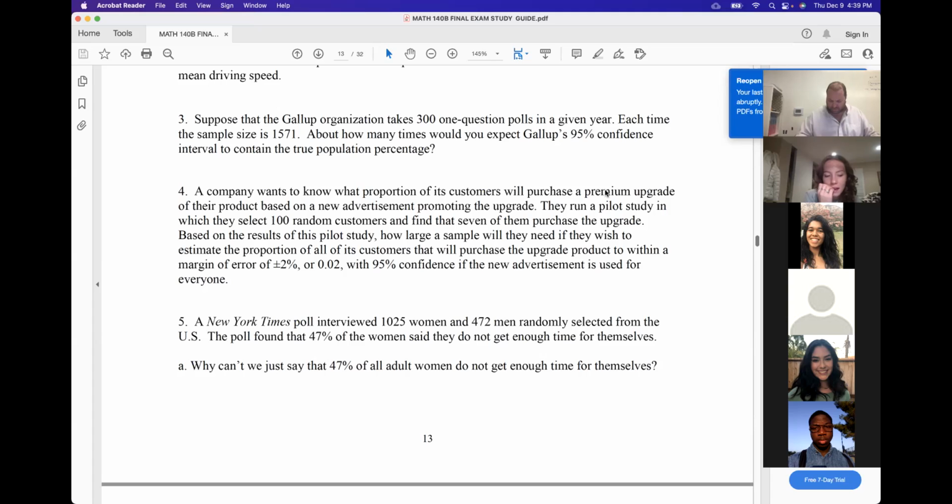How much did you get for your sample size? 0.0458. Oh, wait, sorry, I didn't multiply by the 1.96. Okay, give me a second. No problem. I mean, I have it here. So if anyone feels they have it, put it in the chat.